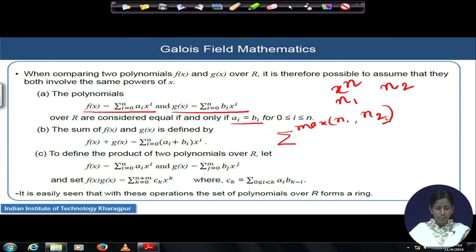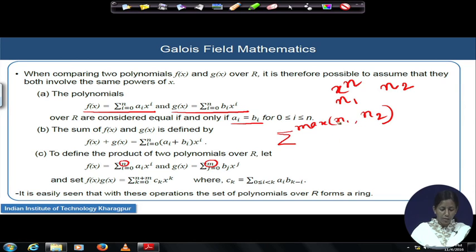To define the product of two polynomials, we will start by considering that both have the same structure; then the degree will be n plus n, and if g(x) runs up to the value of m, it will be given by n plus m.